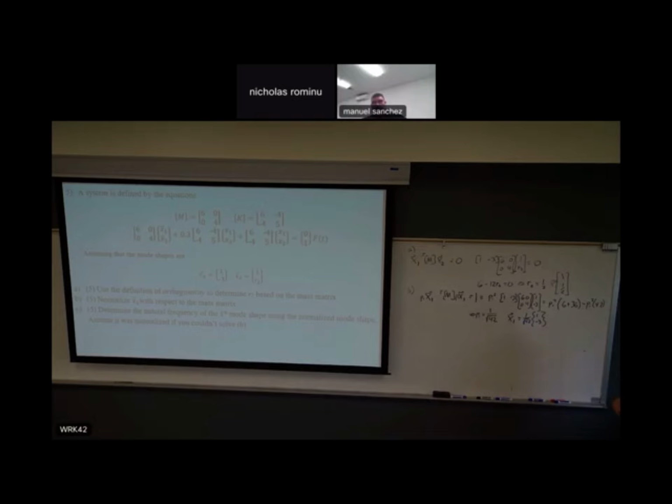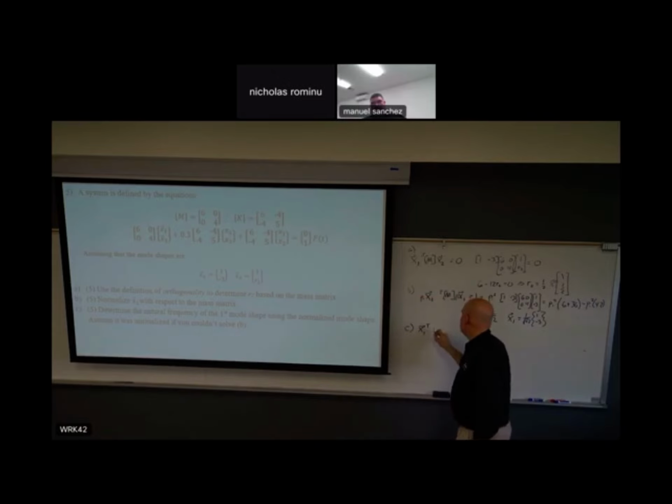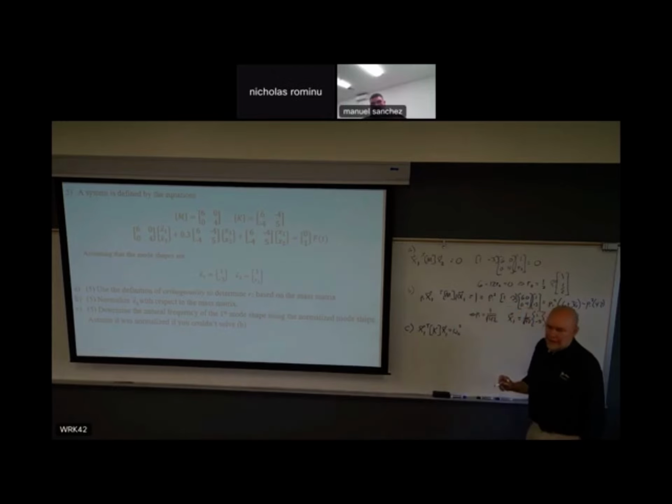Natural frequency. How do you determine the natural frequency based on the normalized mode shape? Well, we have x1 transpose, which times K times x1, that's equal to your natural frequency squared.